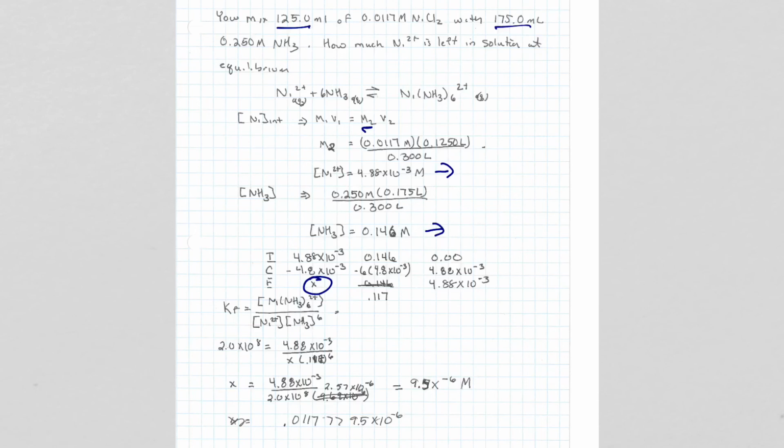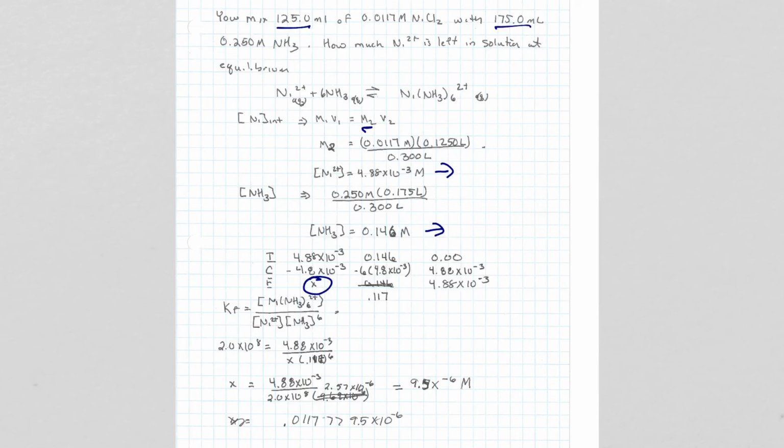We use our initial concentrations. We make the assumption that all of this nickel here turns into complex ions. So if we started out with this concentration of nickel, all of that concentration is now going to be in the complex ion.